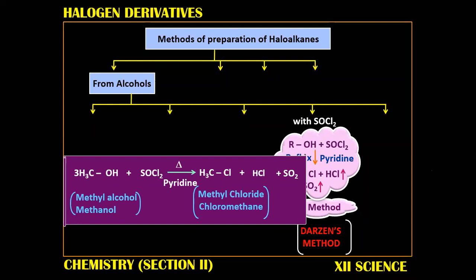You have to write names on both sides. So methyl alcohol, when it reacts with SOCl2, which is thionyl chloride, we get methyl chloride, HCl, and SO2. Next one, next category.